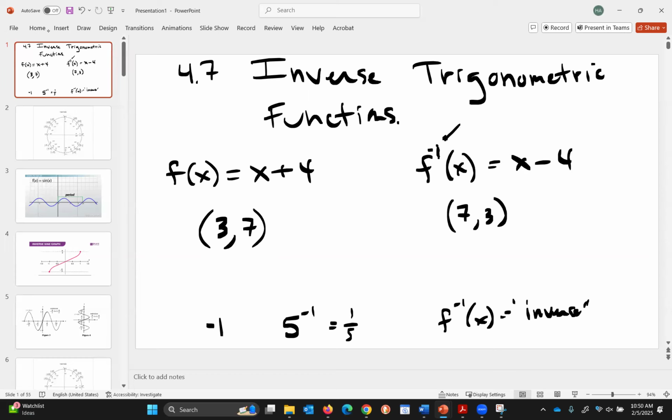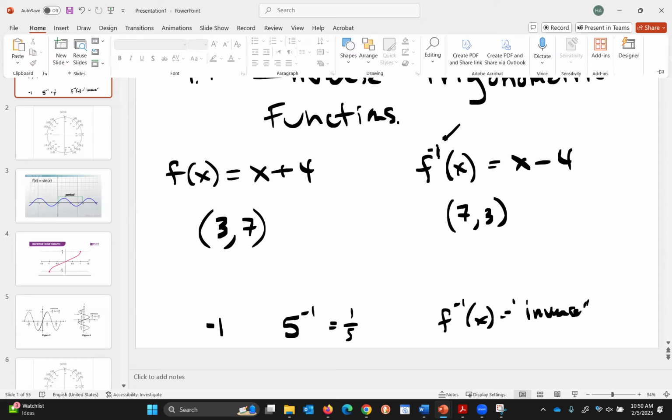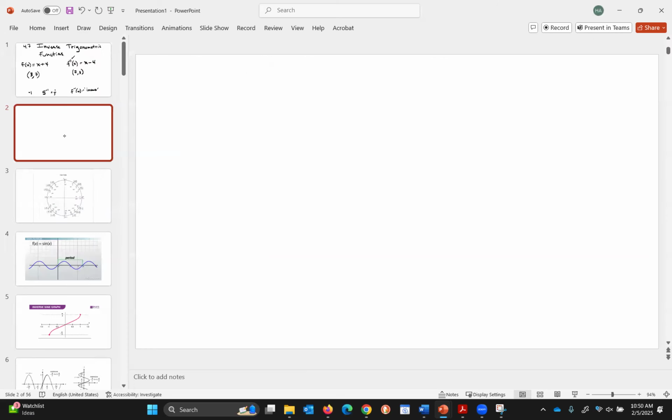Okay, so then trivia question. For our trig functions, what do they do? They take a degree or a radian measurement and convert it into a ratio.